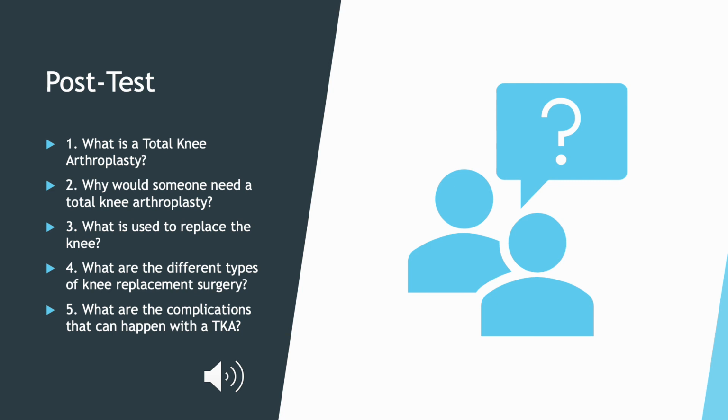What is used to replace the knee? 4. What is the different type of total knee replacement surgery? And 5. What are some of the complications that can happen with a TKA, which is also a total knee arthroplasty? With these few questions, you should be able to answer them with no problems based upon the information you were provided in the previous slides. Let's see how good you got.